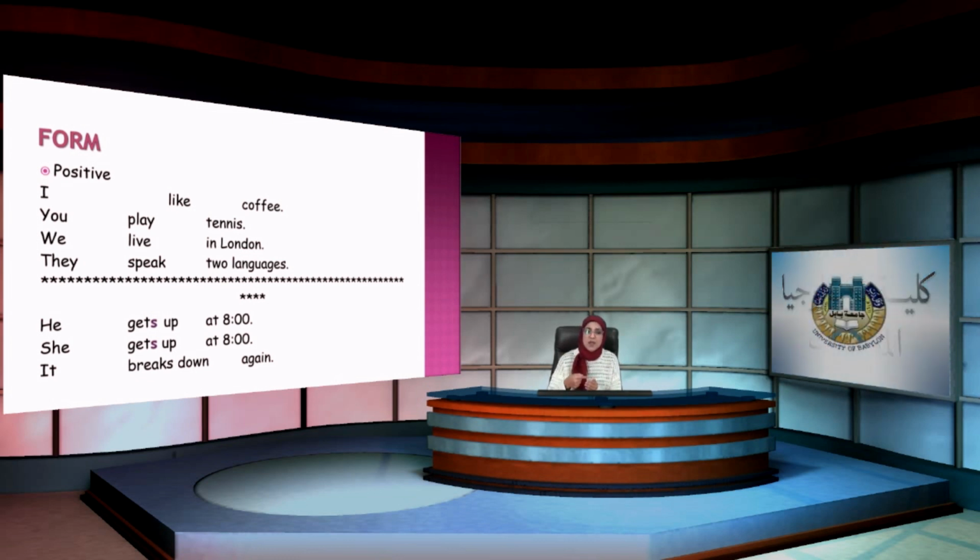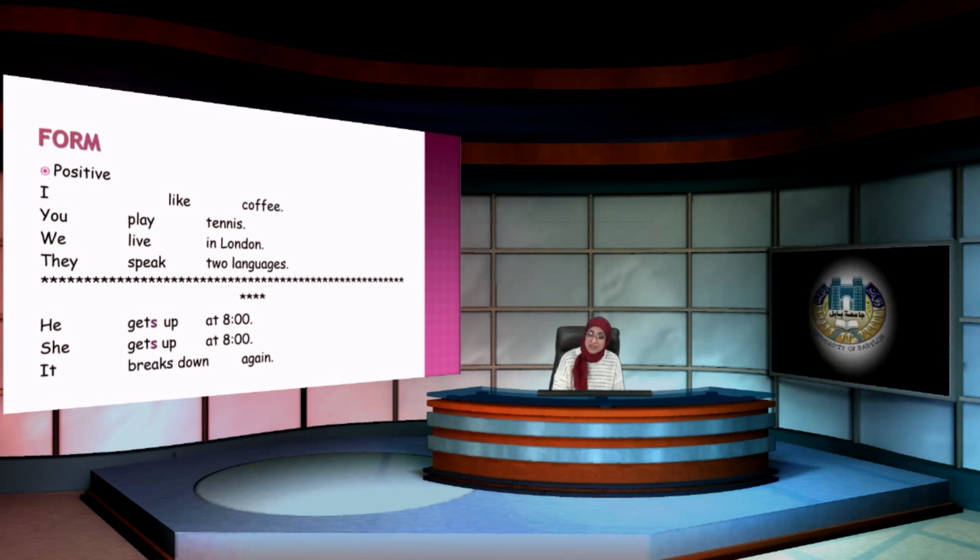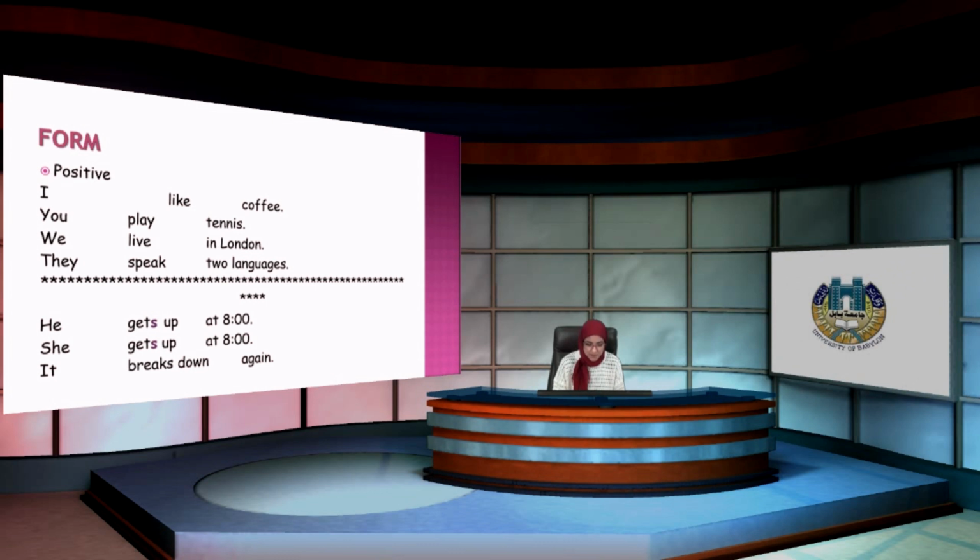That is to say, when the subject is neither the speaker nor the listener, neither the first person nor the second person, or else it is the third person. So this S, which is added to the verb, is called the third person singular S, and you have to differentiate between it and the noun plural S, which we add to the nouns.